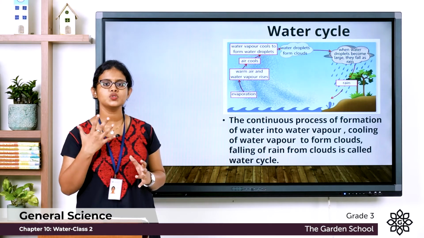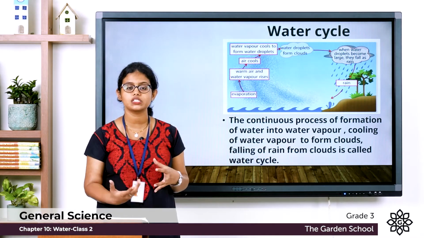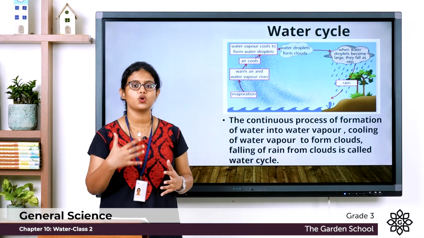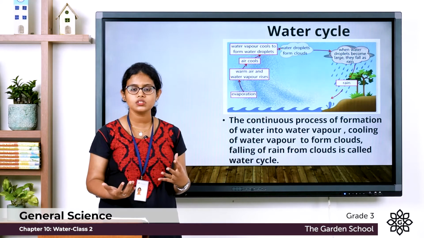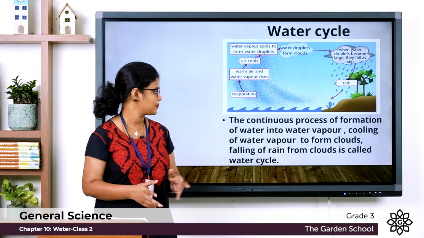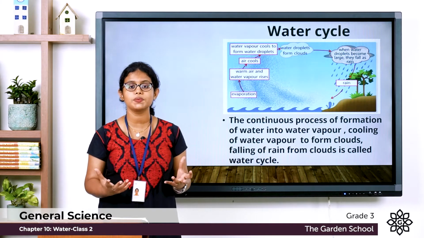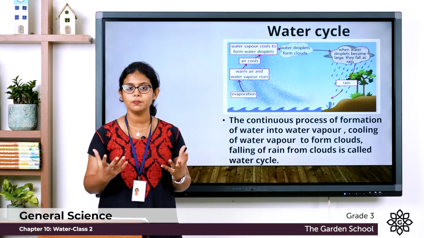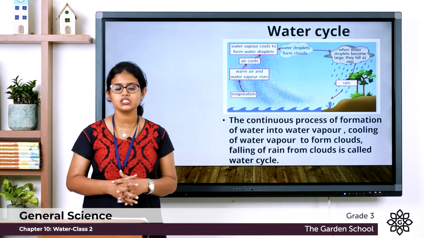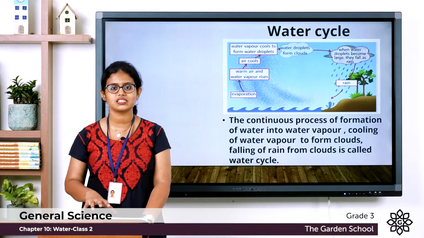The continuous process of water changing into water vapor, which we call evaporation, the cooling of water vapor to form clouds, and the falling of rain from clouds. When the water droplets in the clouds become bigger drops, they become heavier and fall to the ground as rain. This process continues in nature, and we call it the water cycle.